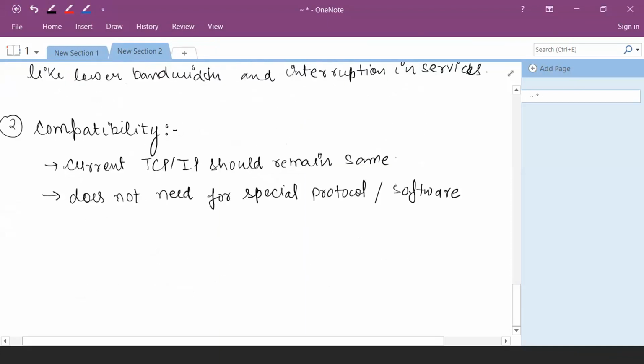Third one is called security. The security point arrives. Suppose this is my Lucknow and this is my Nagpur.